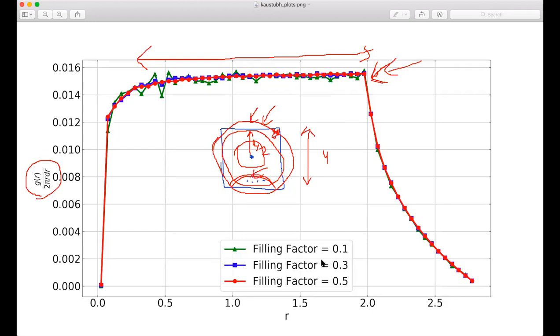So suppose you count particles between 0 and 0.05, then you take the next 0.05 to 0.1, and so on, right? Yeah. So when you draw a circle like this, you would be counting particles between this line and another line, which is, let's say, 0.05 away from this, right?